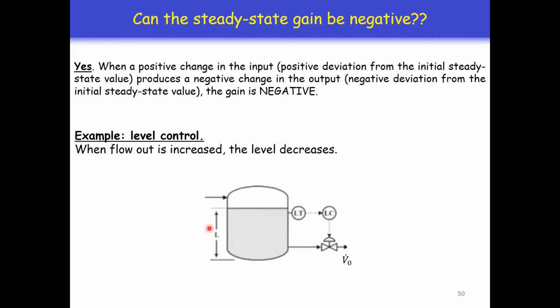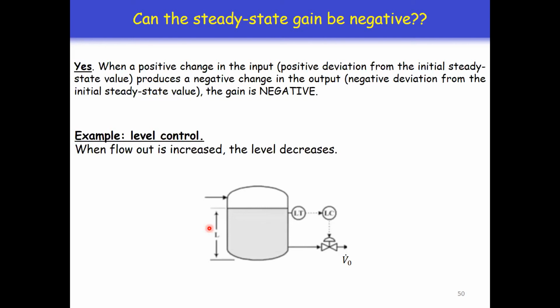The static gain is negative when a positive change in the input produces a negative change in the output. When a positive deviation of the input from the steady state produces a negative deviation of the output from the original steady state.